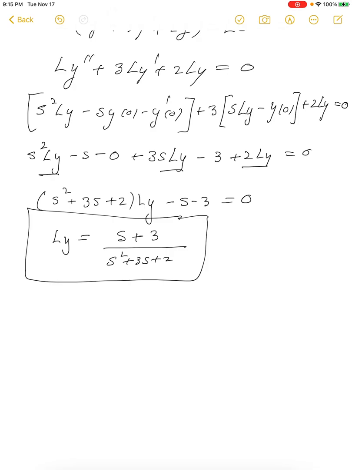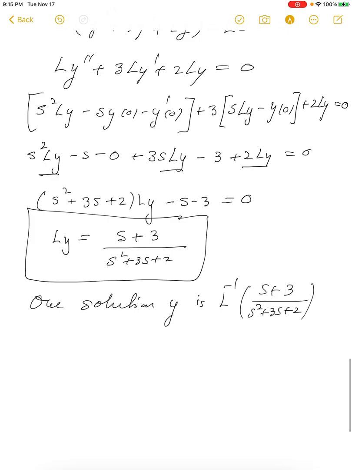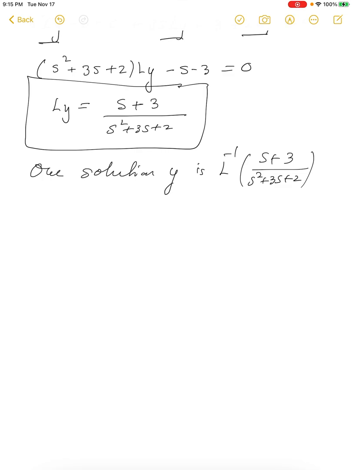And now y is going to be the inverse transform of this. So this will give you the solution. So our solution y is L inverse of this. Now you see why it is important to be able to find the inverse transform of a given function.